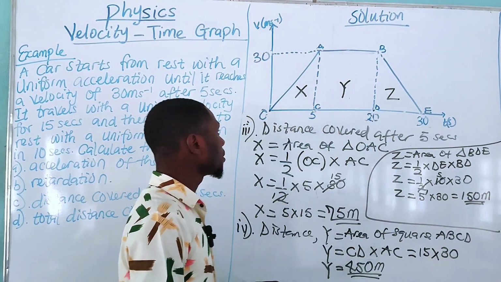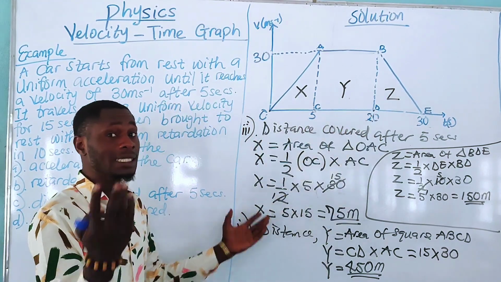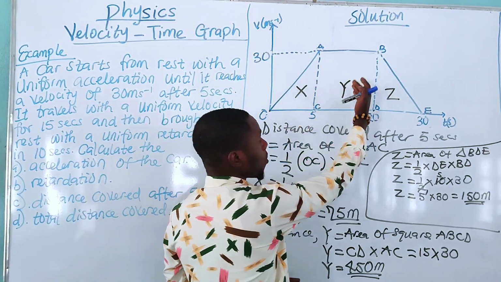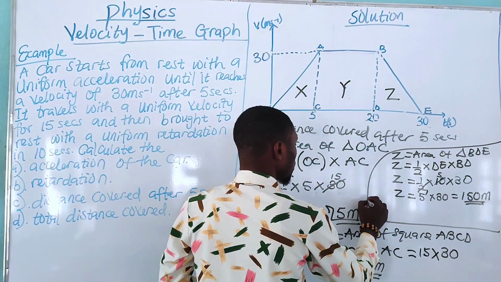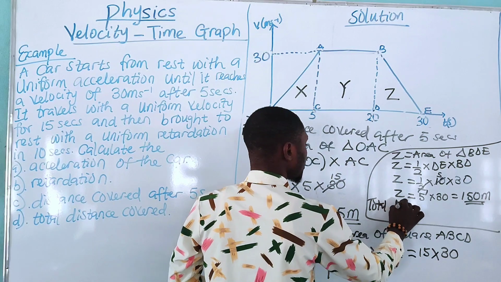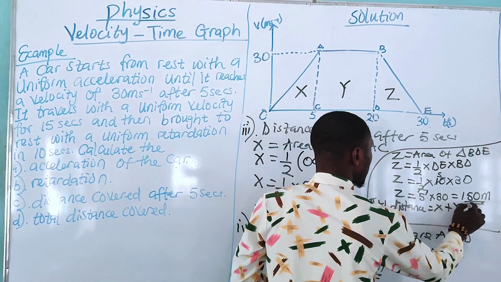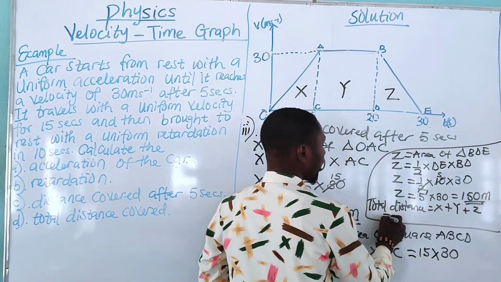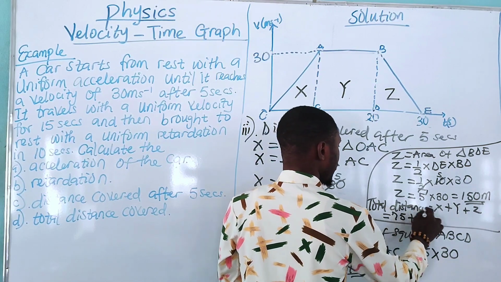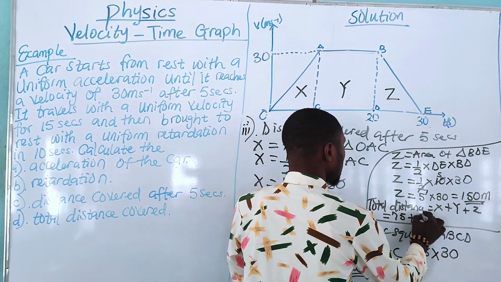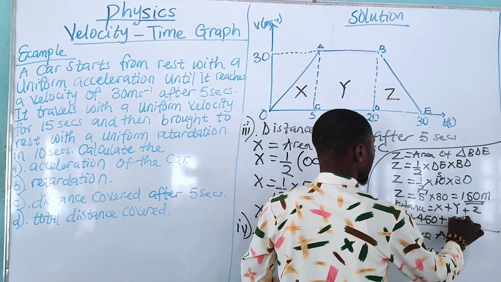Okay, so we have found the respective distances for x, y, and z. So the total distance is going to become x plus y plus z. That gives us the total distance covered. So the total distance is equal to x plus y plus z, which is our x, which we found to be 75, plus our y, which is 450, plus our z, which is 150.